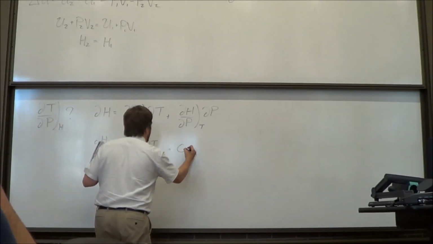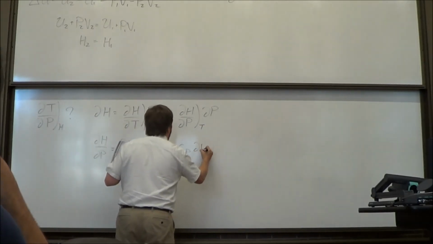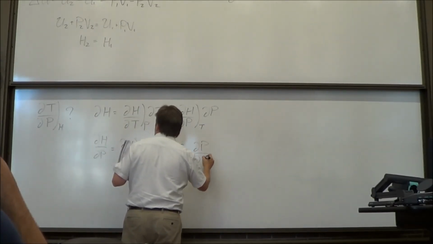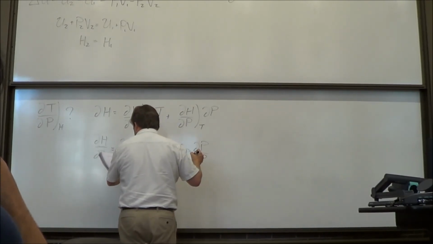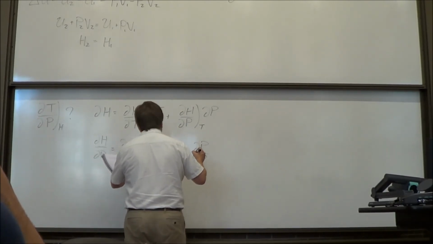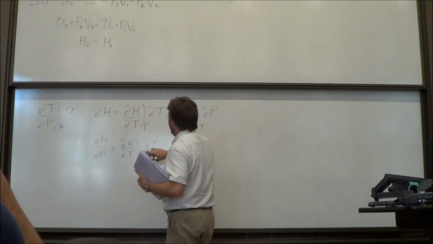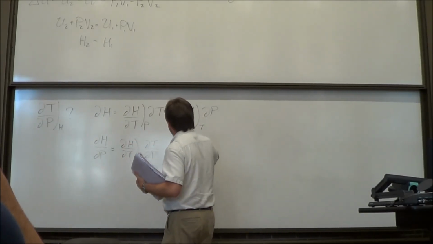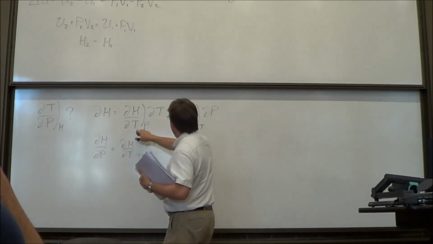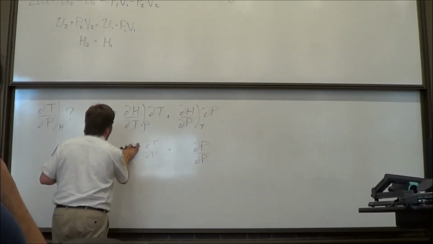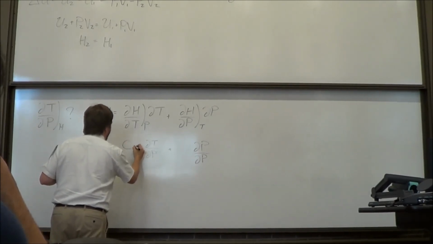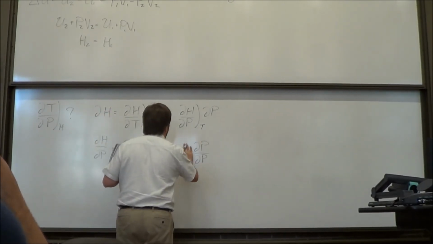Cp, just like last time we had Cv. Wait, I have done something wrong. No, this is C. My bad. It's right here, this is Cp. Sorry about that. It's a miracle I haven't screwed up yet.